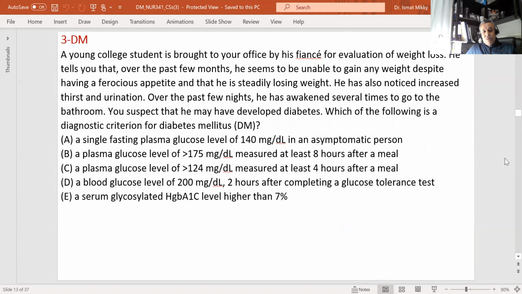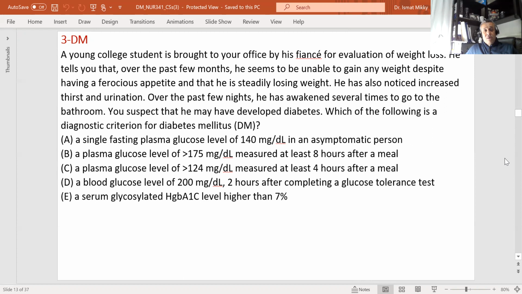Another case study, but this one on the prevention of complications. So the answer to this question is D, blood glucose level of 200 2 hours after completing a glucose tolerance test with a 75 gram oral glucose load. The symptoms of polydipsia, polyuria, and weight loss are suggestive of new onset of diabetes in this young man.